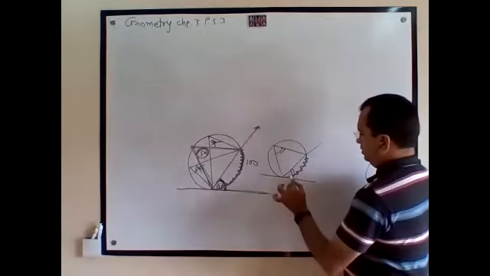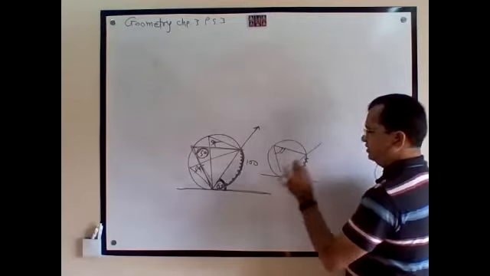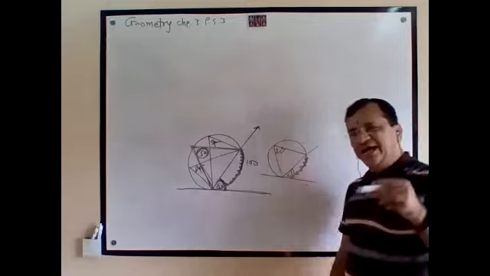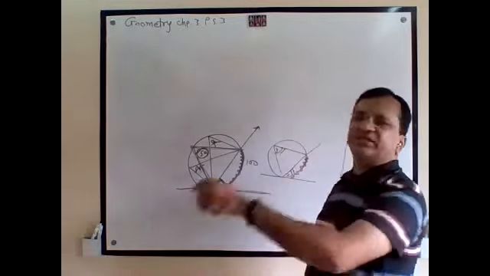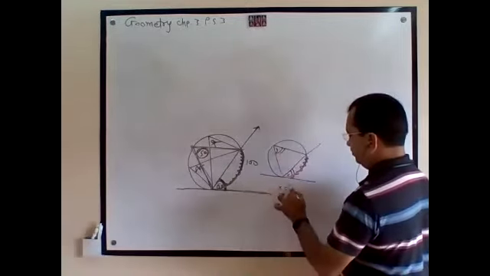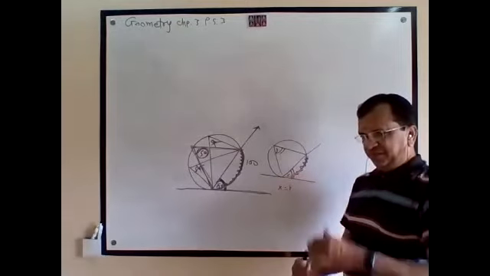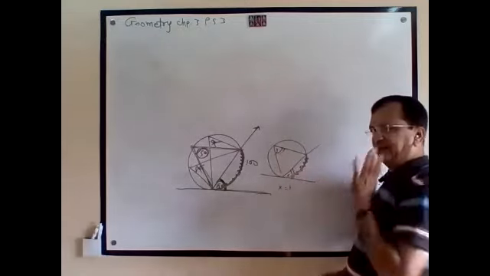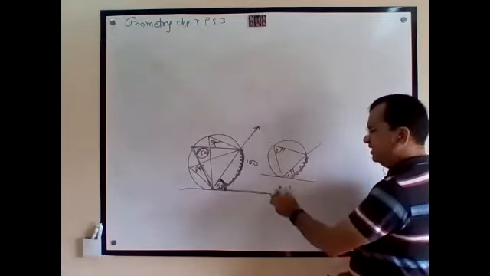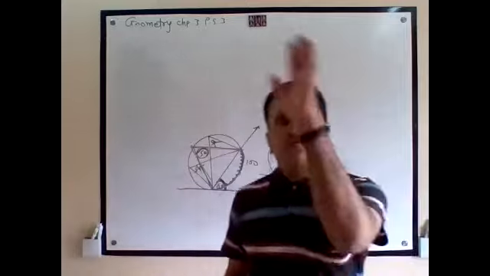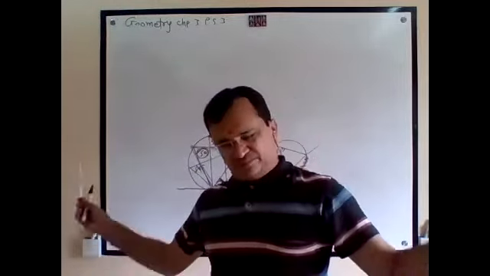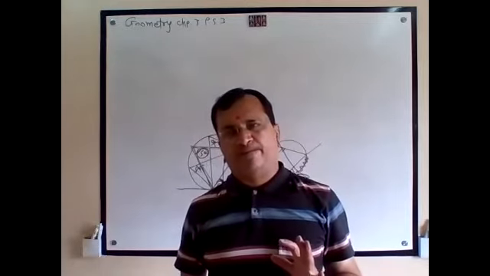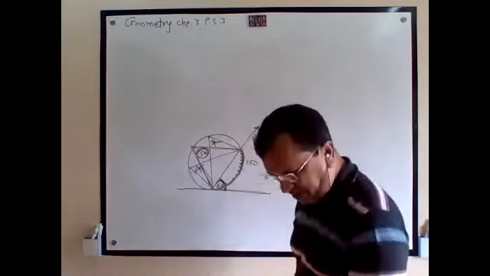Step number 1, x is half of this. Step number 2, y is half of this. X and y both are half of the same arc, therefore x is equal to y. Step number 1, this is equal to half of this. Step number 2, this is also half of the same. Step number 3, therefore both are equal. 1 to 3, again 1 to 3, then again 1 to 3. Like that, exactly 9 steps. So clear this point.